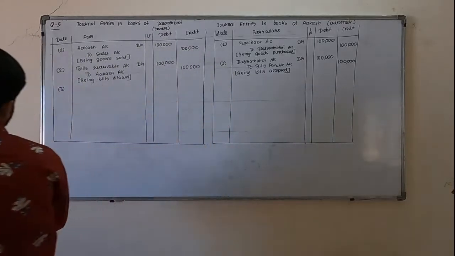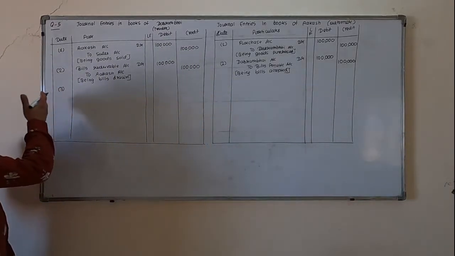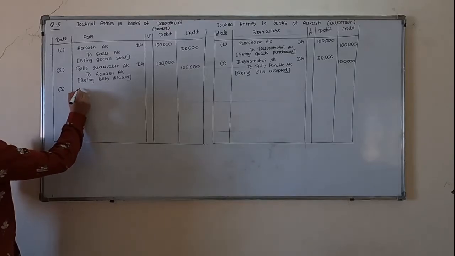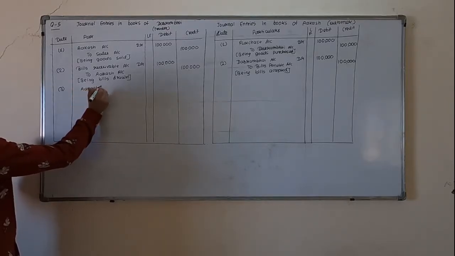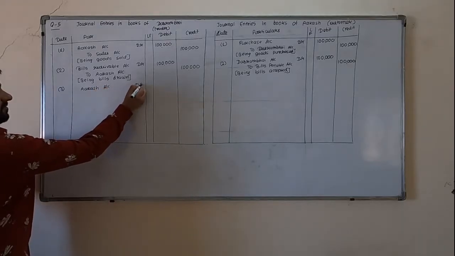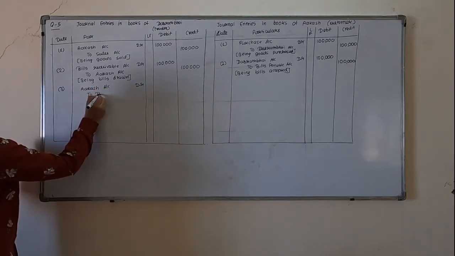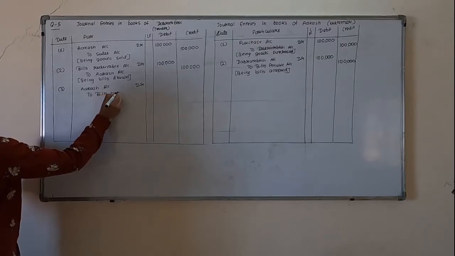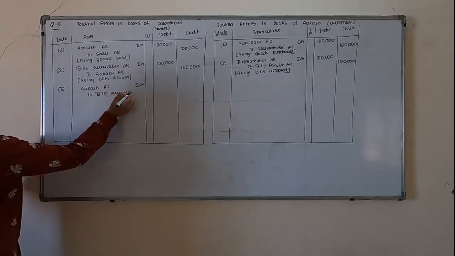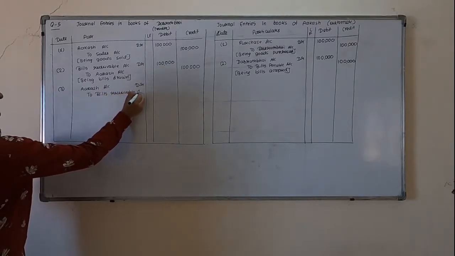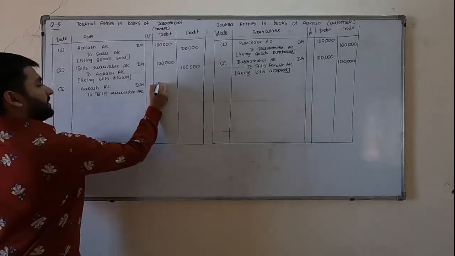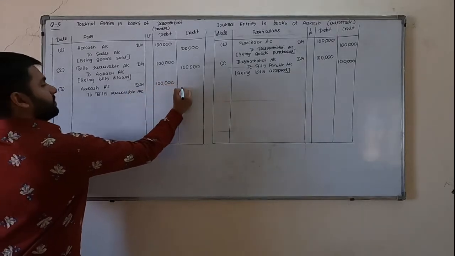But now bill is kept with oneself only, and no date is to be calculated because here date is not given. Directly we will write the name of customer. Customer is Akash. So Akash account debit to bills receivable account 1 lakh, 1 lakh.